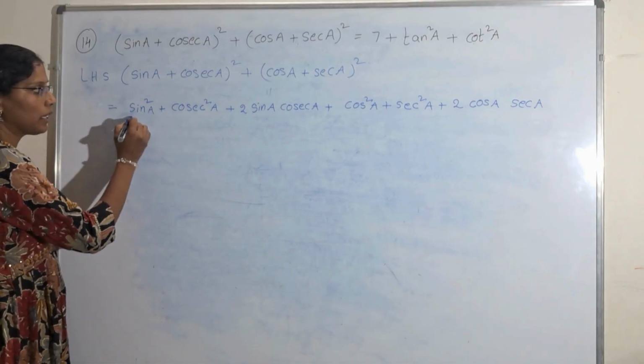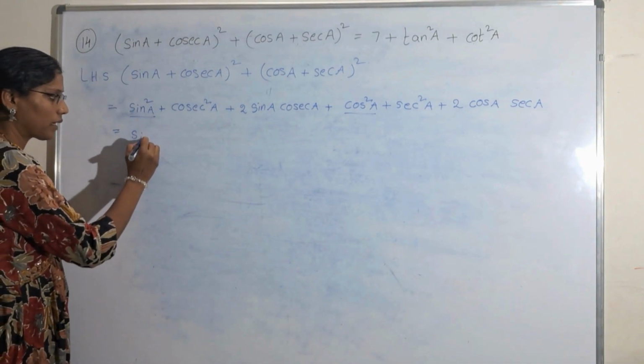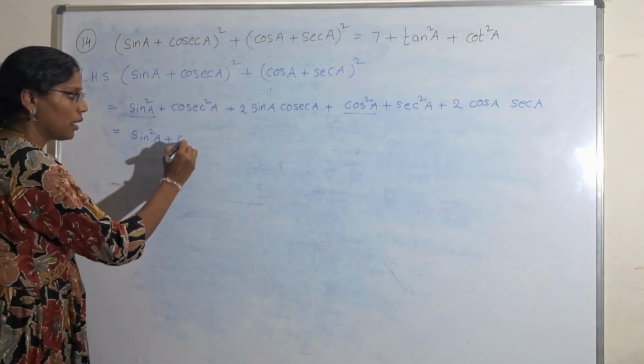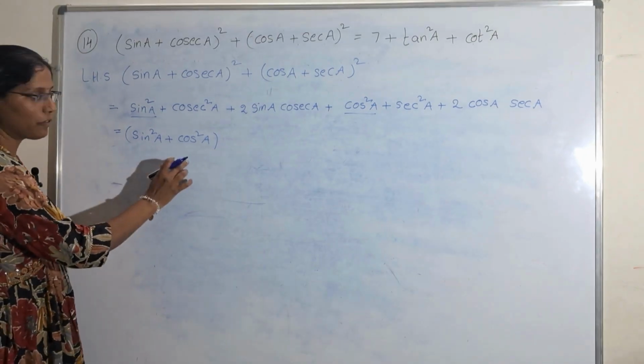Here, sin square A plus cos square A, I will write in one bracket, because we have one formula.